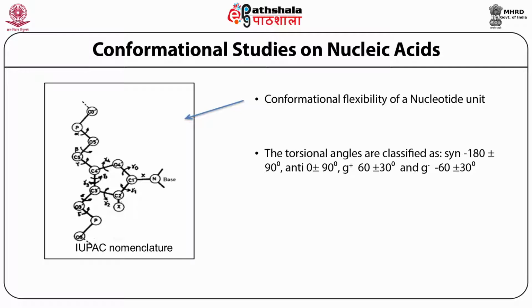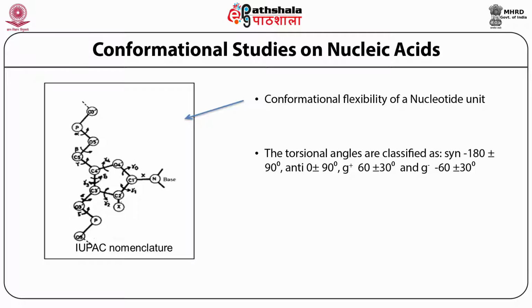We also show in the picture the IUPAC nomenclature for the backbone torsional angles. If you start from phosphorus P, P-O5' is alpha, O5'-C5' is beta, C5'-C4' rotation is gamma, C4'-C3' is restricted but is called delta, C3'-O3' is epsilon, and O3'-P is zeta.